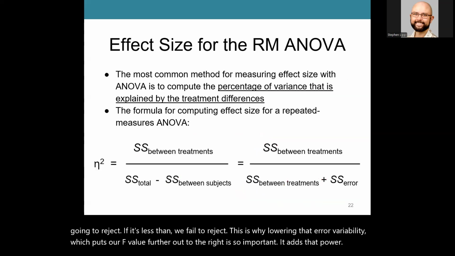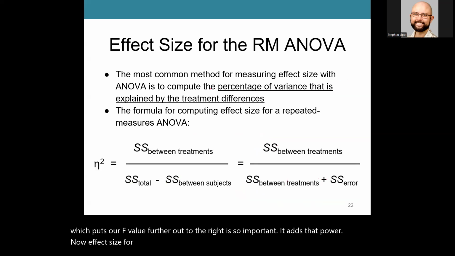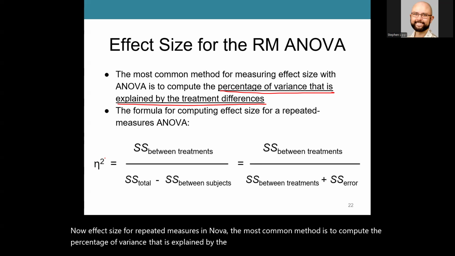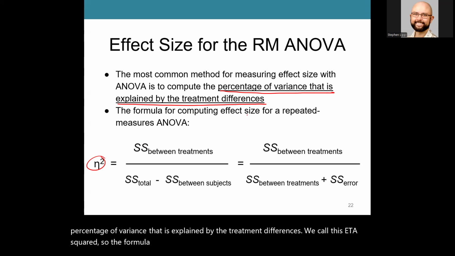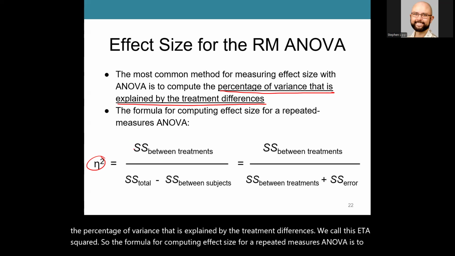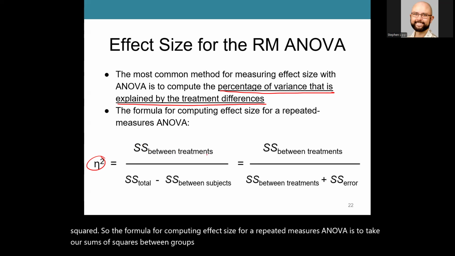Now, effect size for repeated measures ANOVA, the most common method is to compute the percentage of variance that is explained by the treatment differences. We call this eta squared. So the formula for computing effect size for a repeated measures ANOVA is to take our sums of squares between groups or between treatments and divide by our total minus the between subjects.